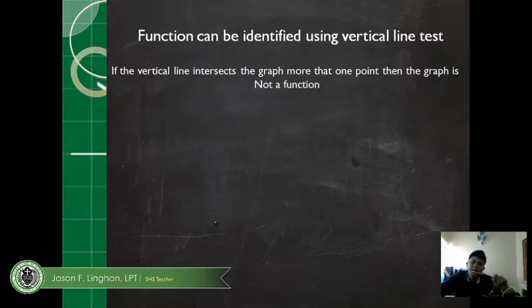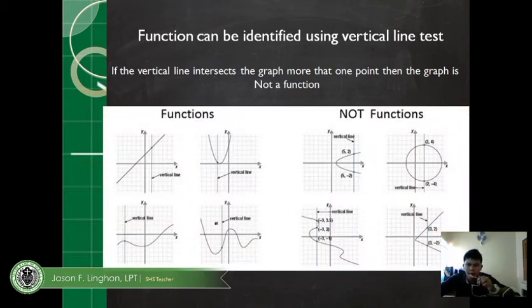Functions can also be identified using the vertical line test. If the vertical line intersects the graph at more than one point, then the graph is not a function. For example, here we have the diagonal line, and this is our vertical line test.